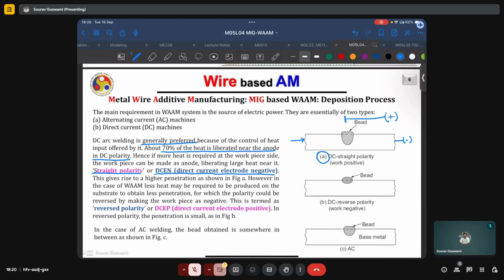If for some particular configuration we want less heat on the substrate, such as if we have a very thin substrate, or if we want to minimize the width of the heat affected zone which forms, or we want less penetration for any other reason, the polarity can be reversed by making the workpiece as negative, and this is termed as reverse polarity or direct current electrode positive.